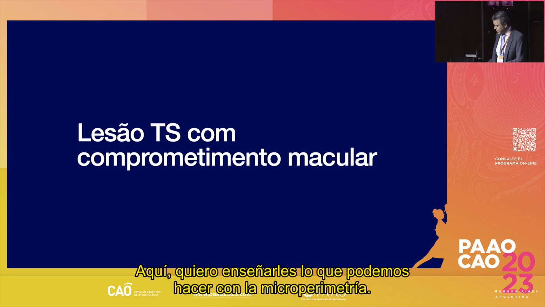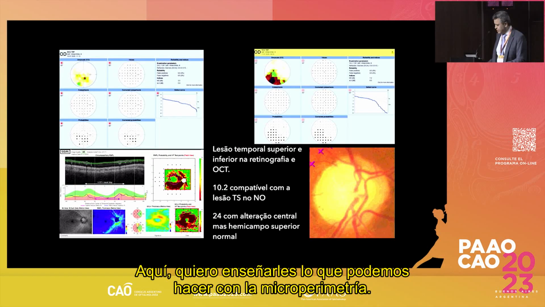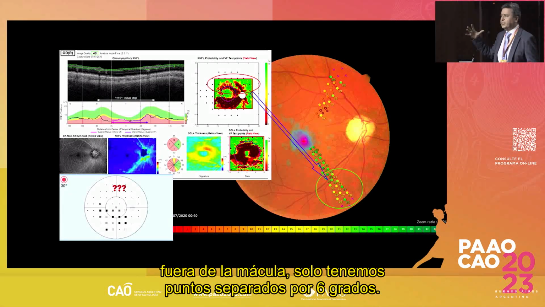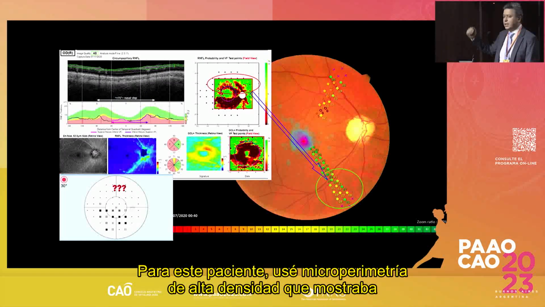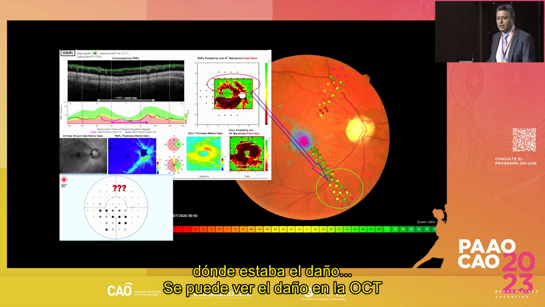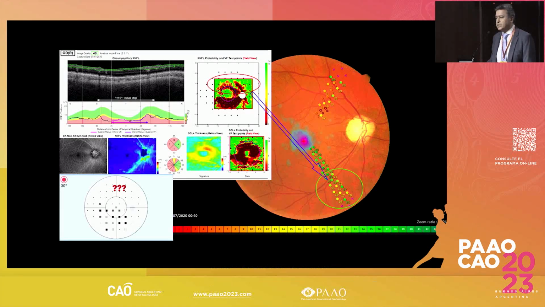And I think this is the last one, just to show something that we can do with microperimetry. Remember, when you're working with a 10-2, outside the macula, you just have points 6 degrees apart. And for this patient, I used a high density microperimetry, showing that where the damage is, you can see the damage in the OCT.